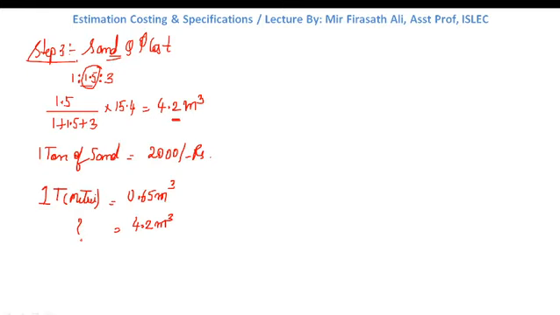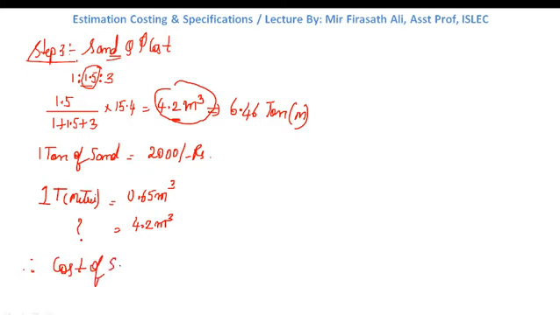On cross multiplying, 4.2 divided by 0.65, we get 6.46 tons, metric tons. The cost of 1 ton is 2000 rupees. So the cost of sand is equal to how many metric tons we have?